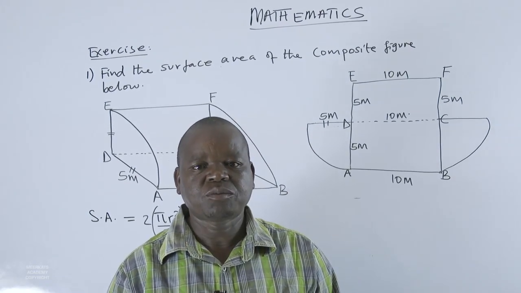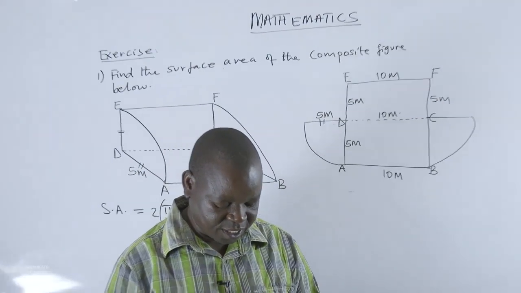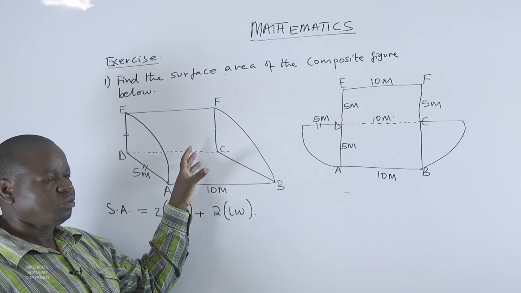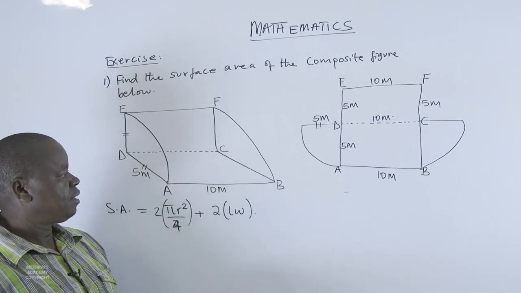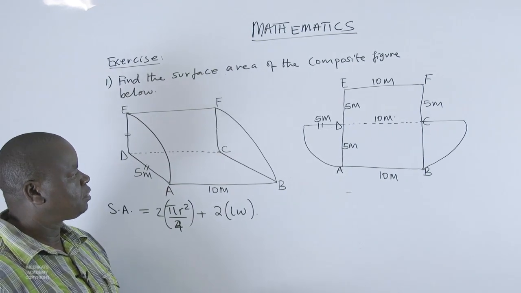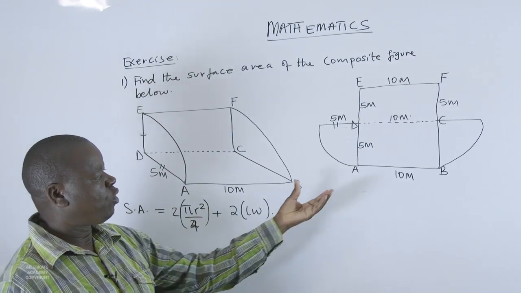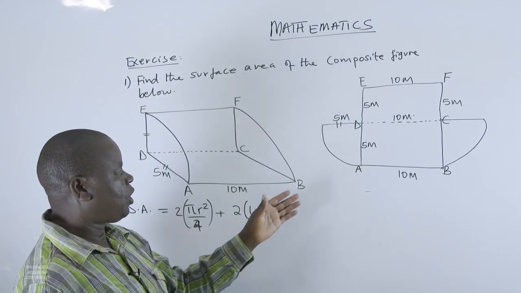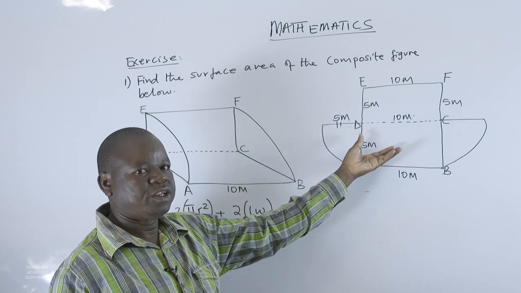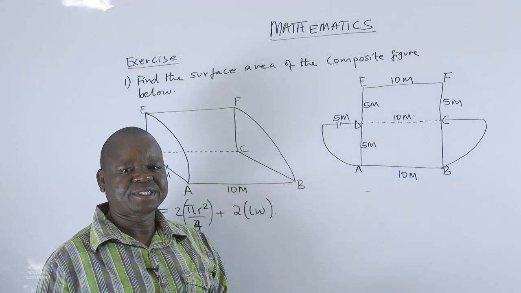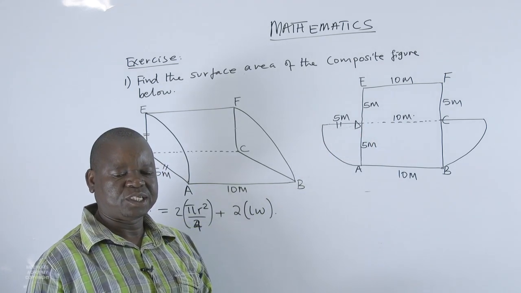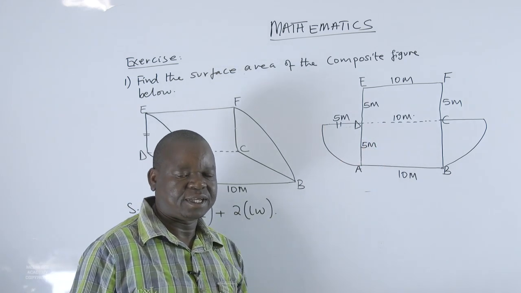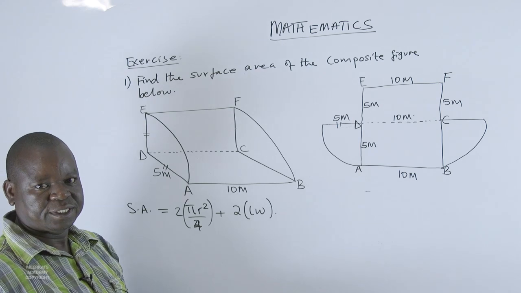So on the board we have an exercise of this particular object. We have opened its net, and we are now able to use the formula for calculating the surface area of various planes to determine the total surface area of this particular object.